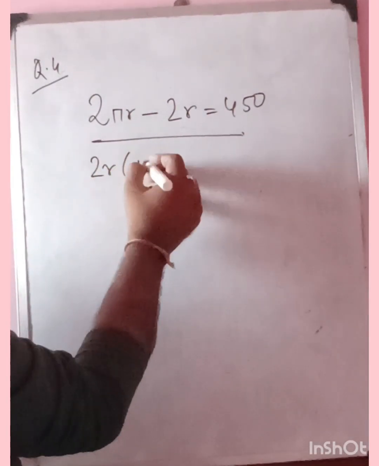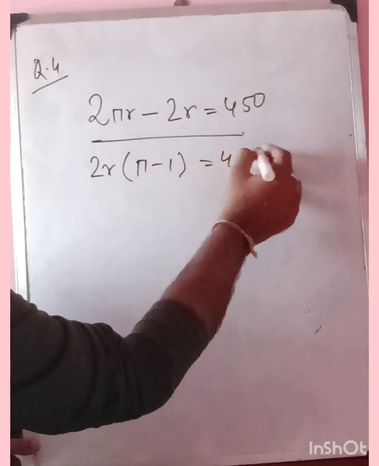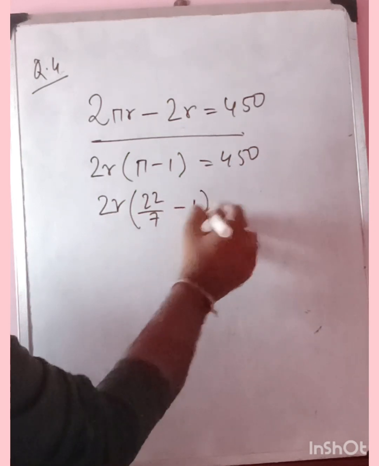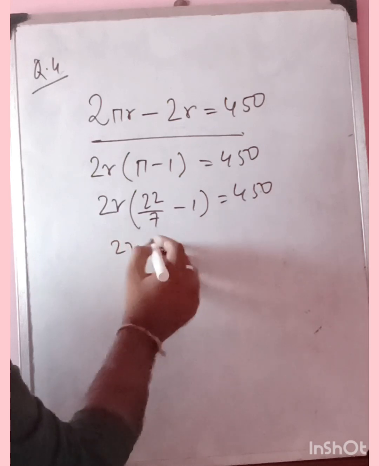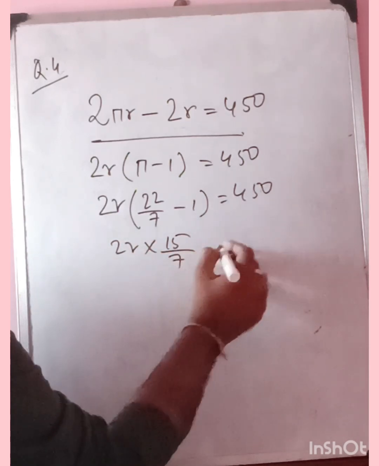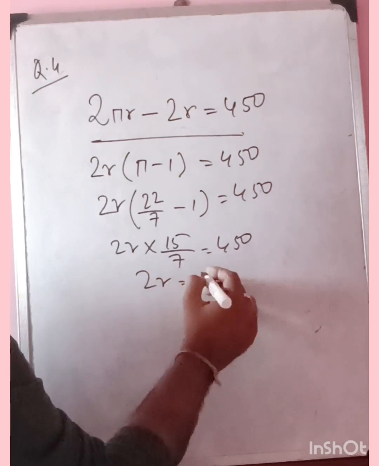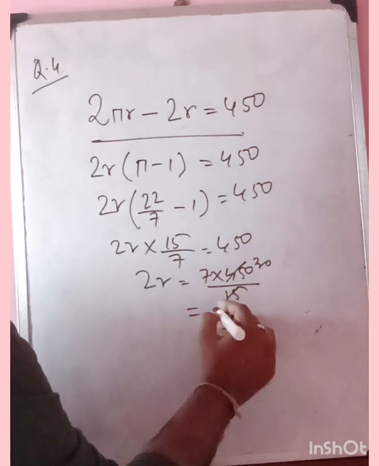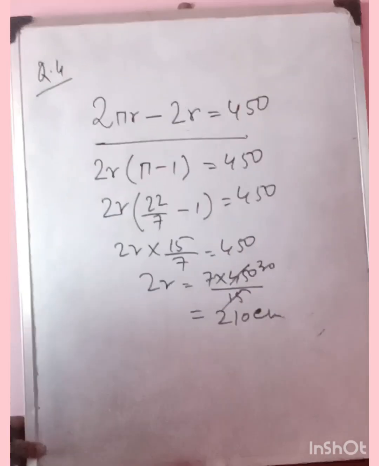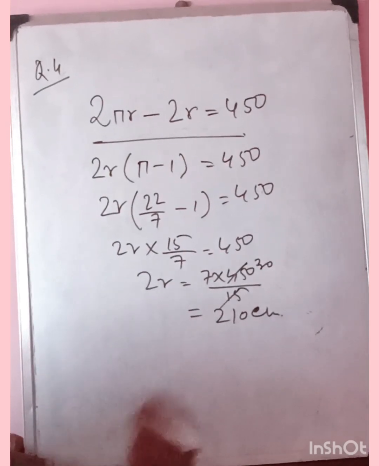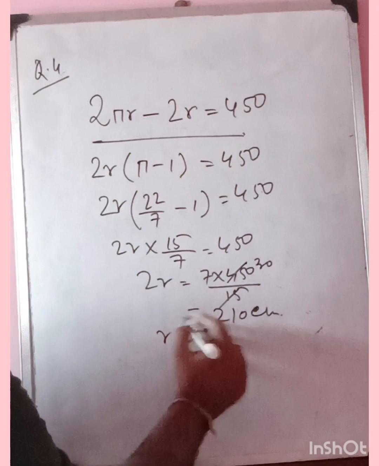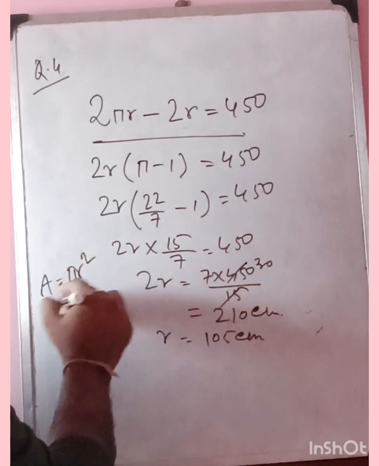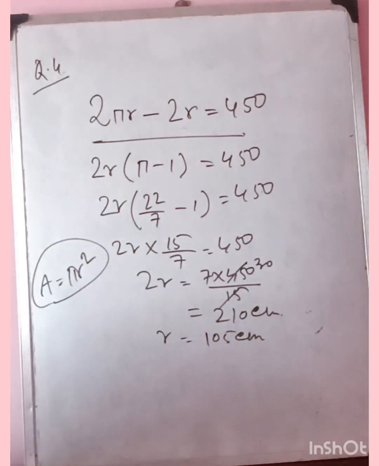Take it common, 2r, pi minus 1, 450, 2r, 22 by 7 minus 1, 450, 2r into 15 by 7, 450, 2r equals to 7 into 450 by 15, 210 centimeter. Okay, so you can get the radius r equals to 210 by 2, 105 centimeter, and area is nothing but pi r square. R is 105 centimeter.